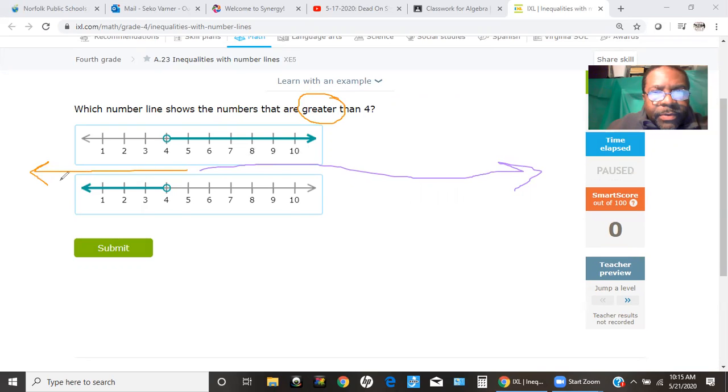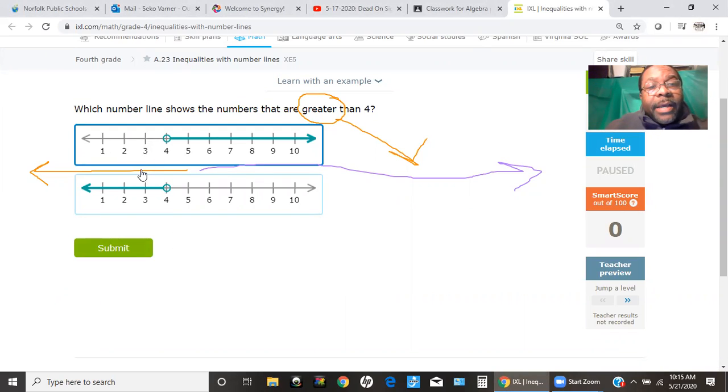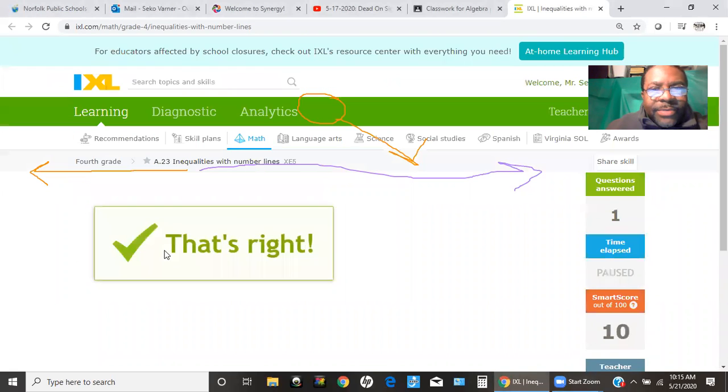This is the lesser direction. So if we're looking for greater, we have to go this way. So our answer is going to be, we're going to choose this one, I'm going to highlight it. You see how I highlighted that by clicking on it? So I'll click that one and I'll click this one. See, I highlighted that. So now I can choose my answer. That's right. Good, good, good, good.